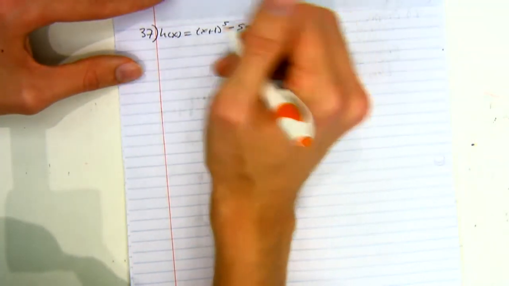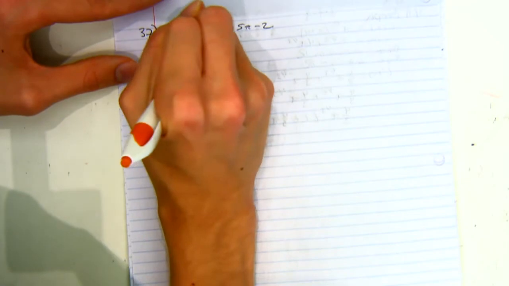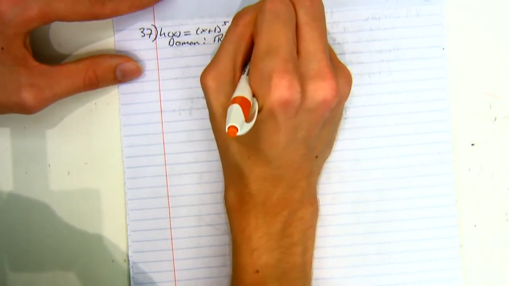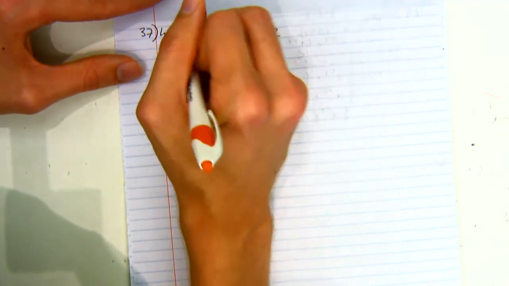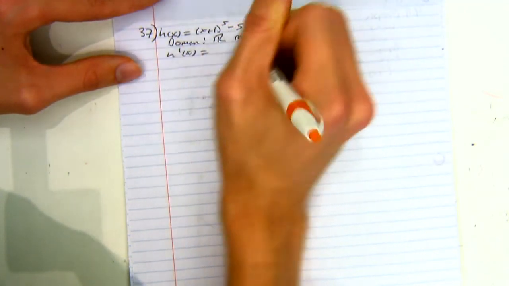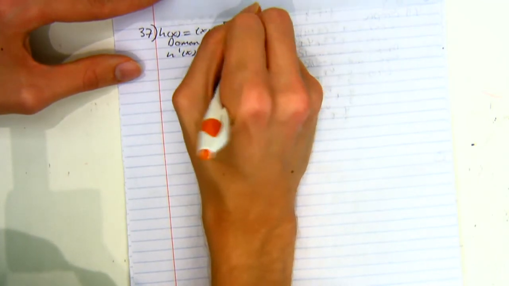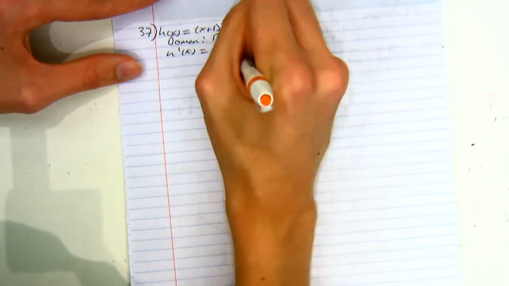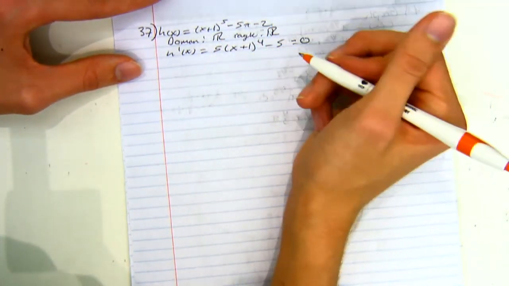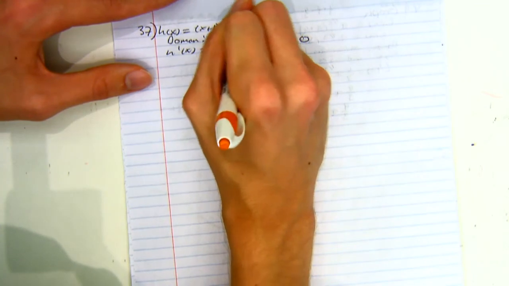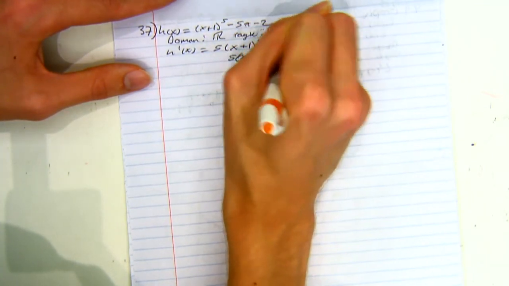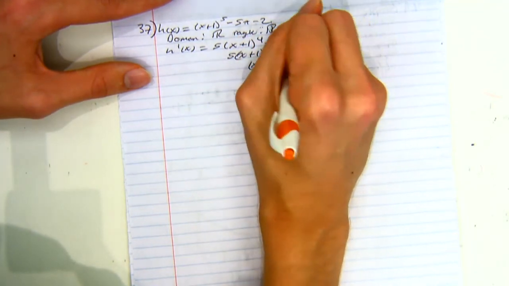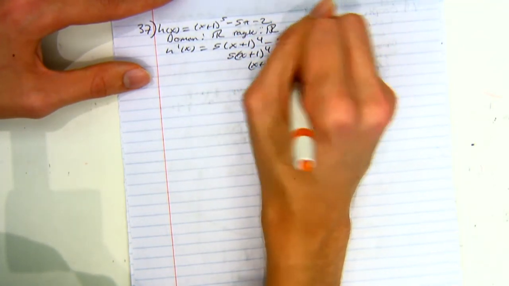All right, so this one's easier since it's a polynomial. We know the domain is going to be all real numbers as well as the range. And we're going to be taking the derivative of it to find the critical points. So we'll bring down that 5. It's 4, and we get 5. And then we set this equal to 0. Equals 1.